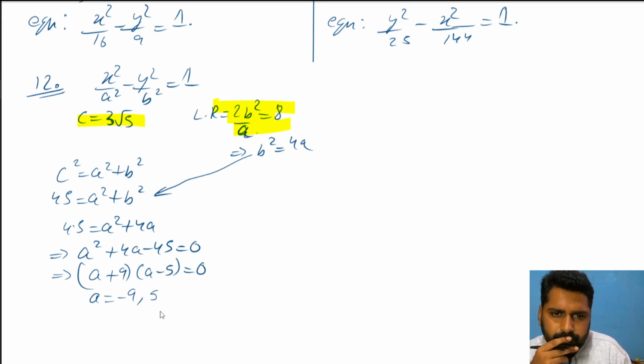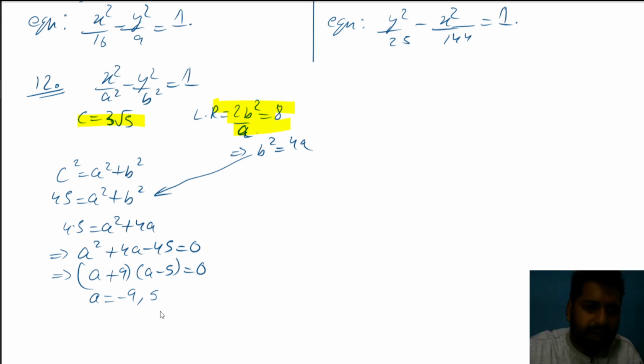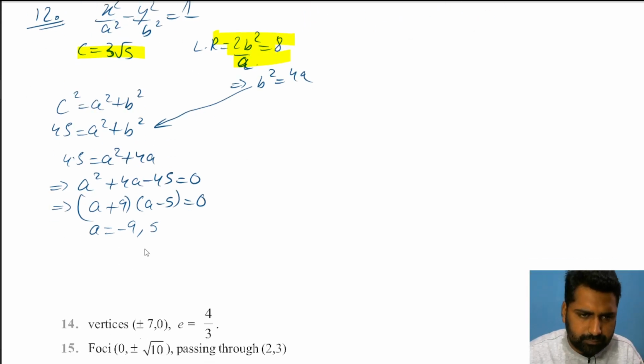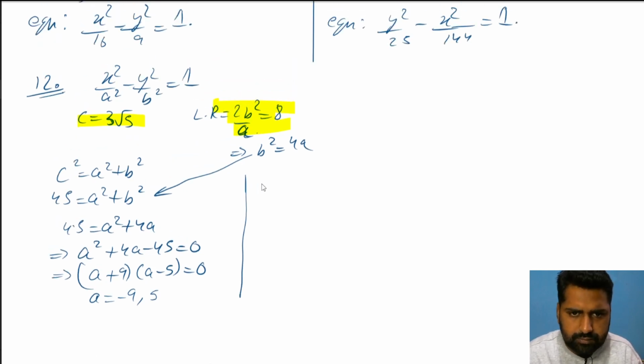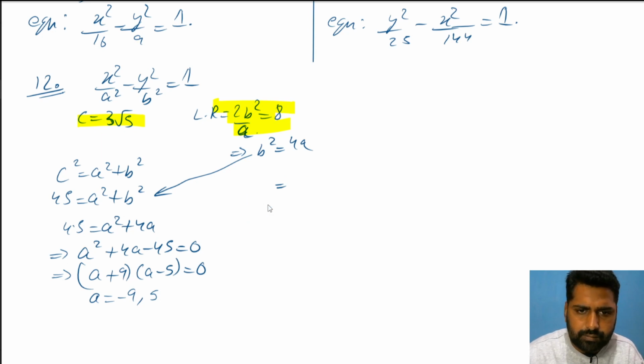Now you might think that a can come negative or positive also. Let's see and find out b accordingly. If we solve this further, b square is 4a, so b, I'll erase it one second.